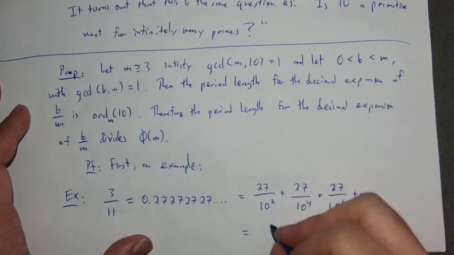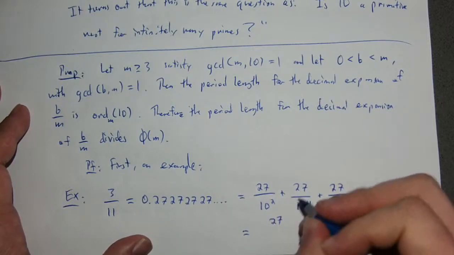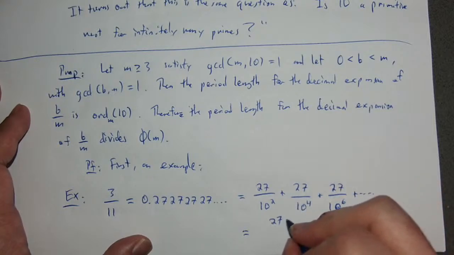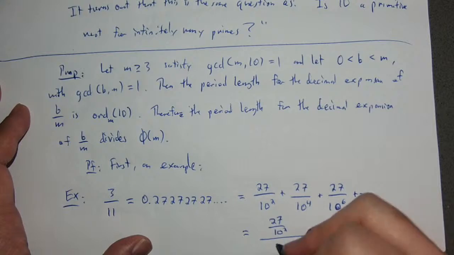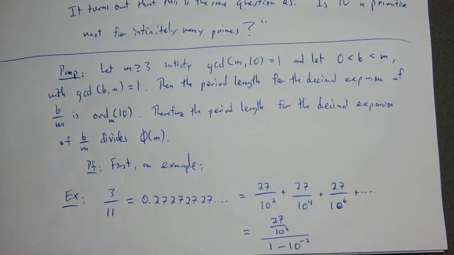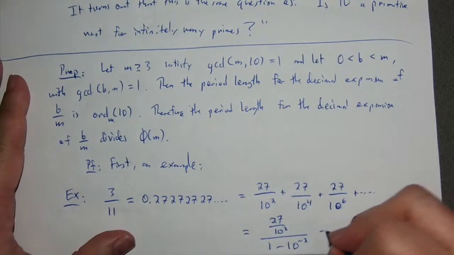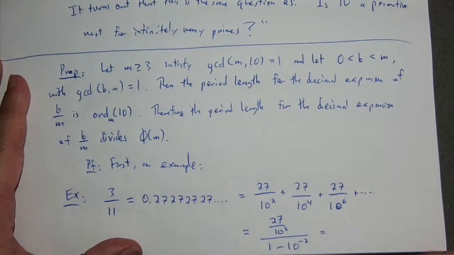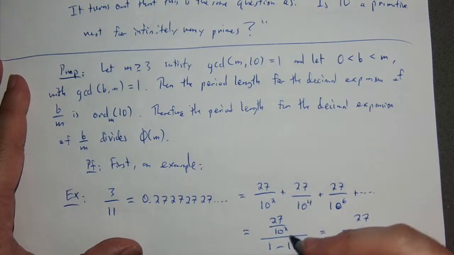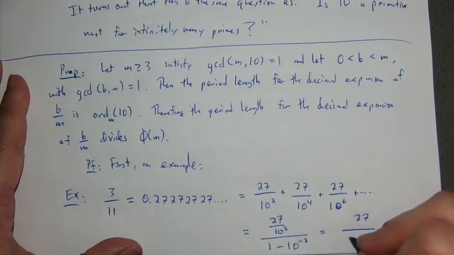Using the geometric sum formula, I get 27 over 10 squared over 1 minus 10 to the minus 2, right? Which is 27 over 10 squared minus 1.